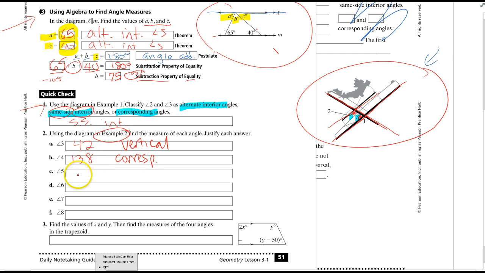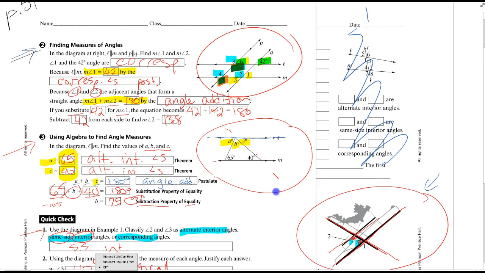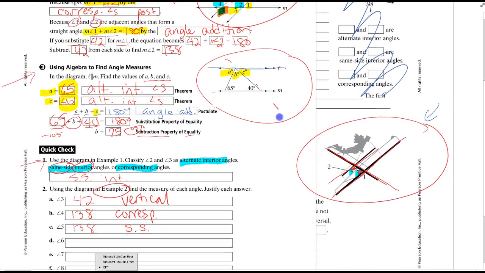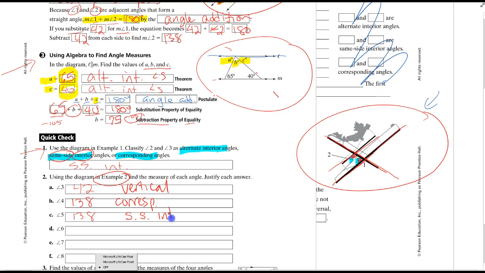Angle 5 was 138, because we had either same side interior or, let's see, we did 4, or you could have said it's vertical with 4. Angle 6 is 42 degrees, because we were corresponding with the original 42 degree angle.